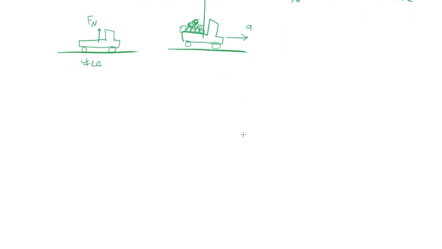Let's do a really quick example dealing with static friction. I'm morbid today. I'm going to do the dead body example. So there's a dead body on the floor, which you need to move. Mass is 60 kilograms.